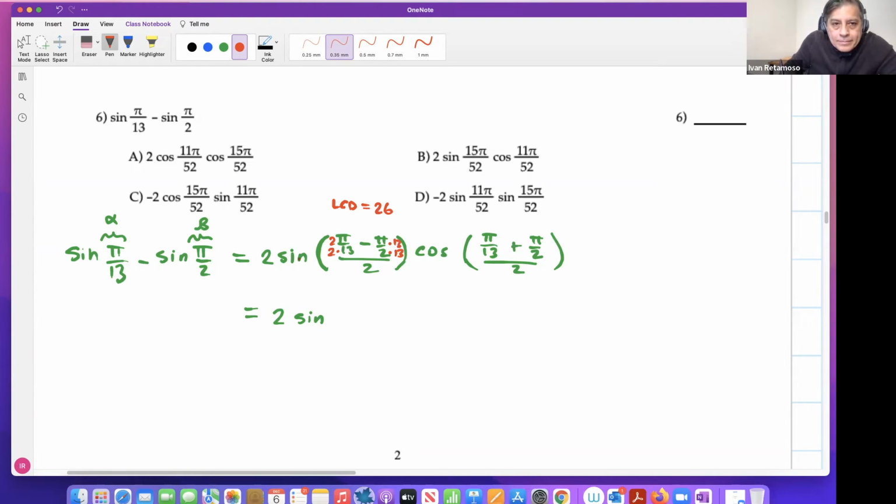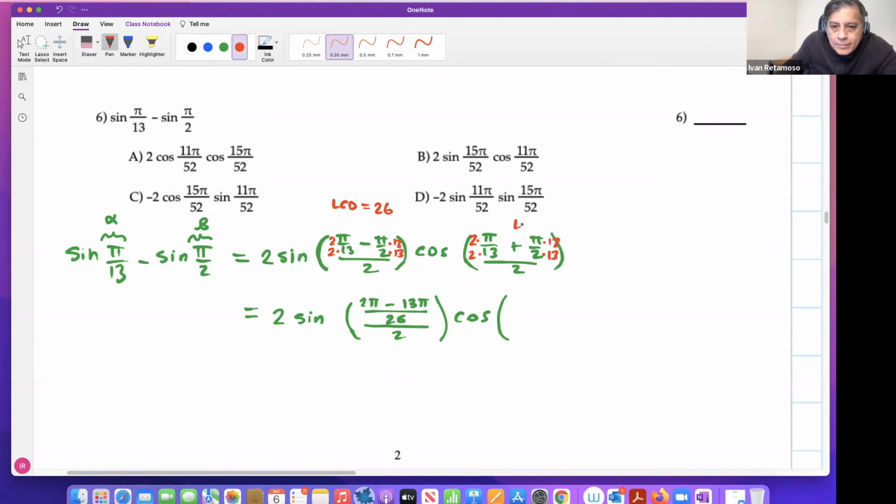So you're going to get sine of 2 pi minus 13 pi on the top divided by 26, the common denominator, right? All divided by 2 here, right? First. Times cosine of this guy, times 2 times 13 times 13, right?